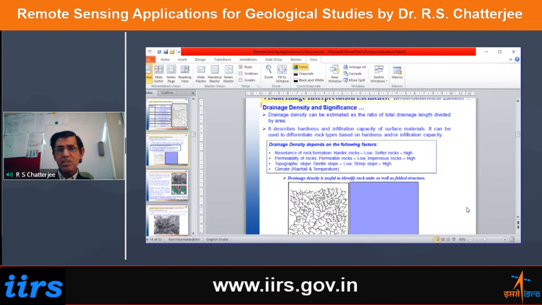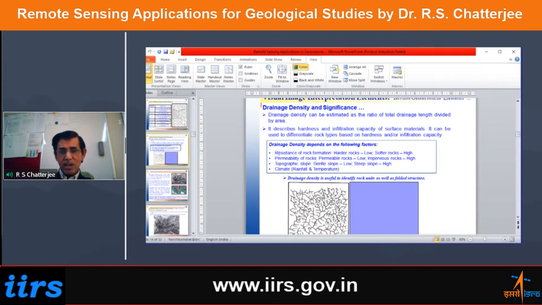Now from the drainage density also you can interpret what the rock types are. In drainage density, we use criteria like the resistance of the rocks and the permeability of the rocks. Permeability means how much water can percolate down through these rocks. If the permeability is high, the surface drainage will be less, because the water which comes due to rainfall will go down to the groundwater, which we can pump out for drinking, for industry, for irrigation, isn't it?